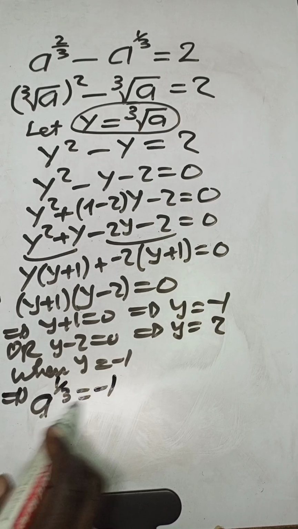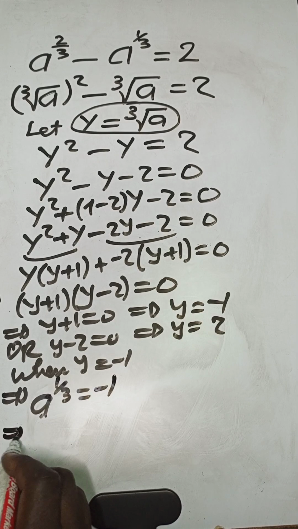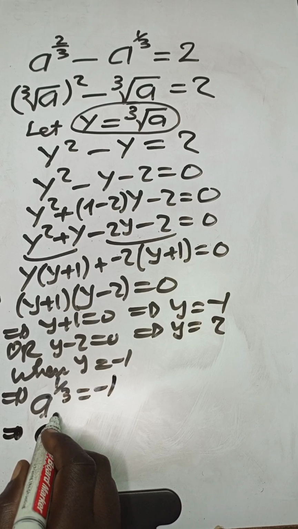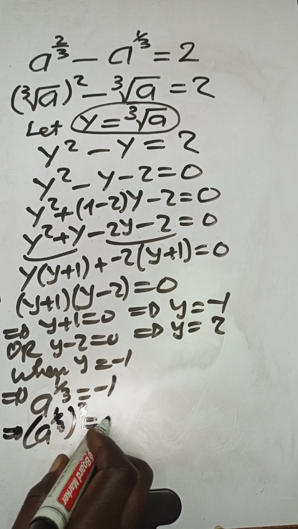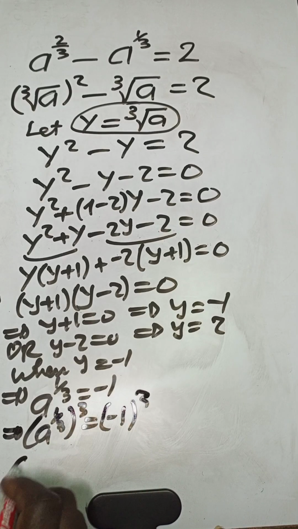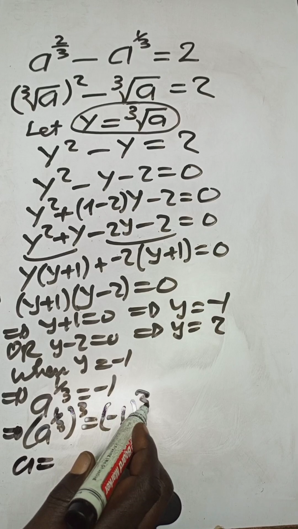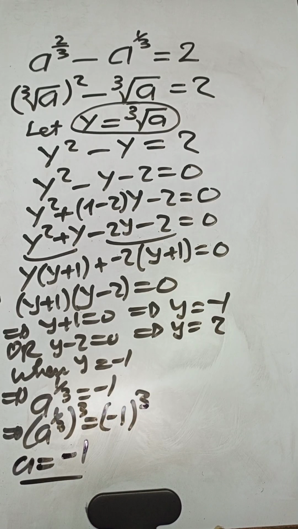If we cube both sides, that's raise both sides to the power 3, we have a to the power 1/3 cubed is equal to -1 cubed. So a is equal to -1. That gives us our first value for a.